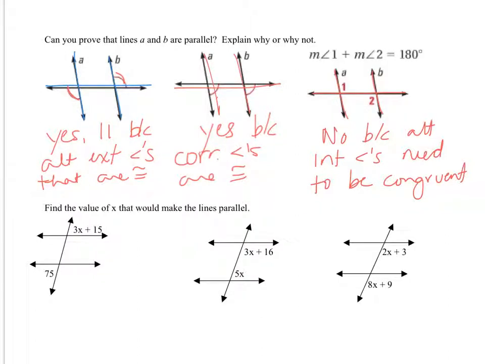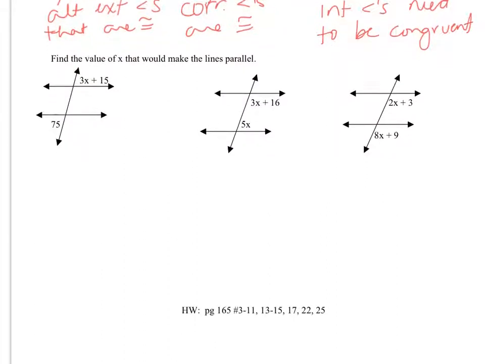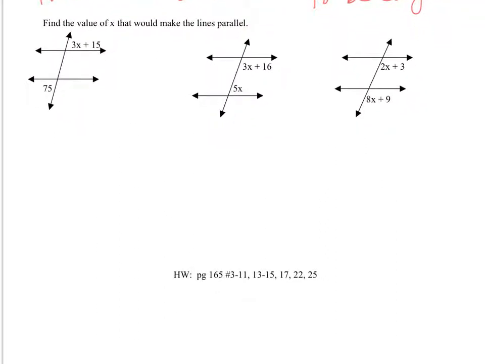Okay, moving on to the last part of the notes. Find the value of x that would make the lines parallel. So if these 2 angles are congruent, then these 2 lines are parallel. So I would have to find the value of x by saying 3x plus 15 equals 75.